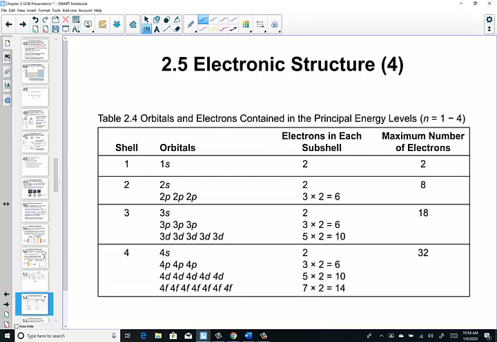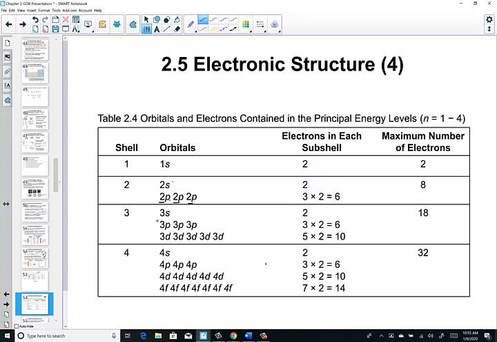So we're able to figure out how many different orbitals, how many subshells, and how many electrons we have. The s orbital contains 1 subshell. The second shell contains 2 different orbitals, the s and the p. There are 3 spatial arrangements, 3 different orientations for the p orbitals.